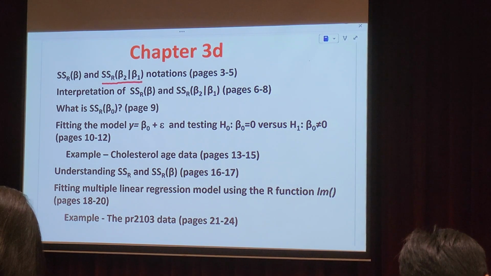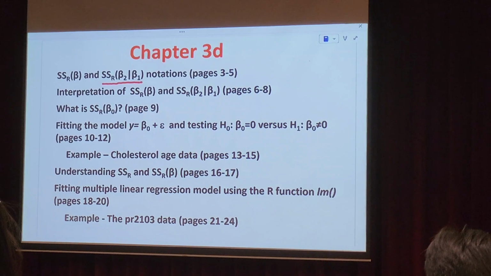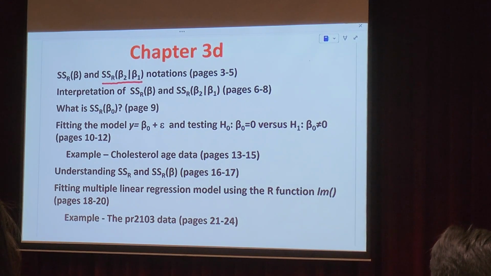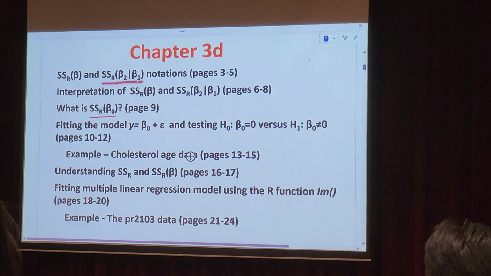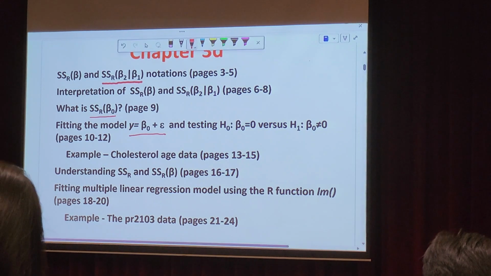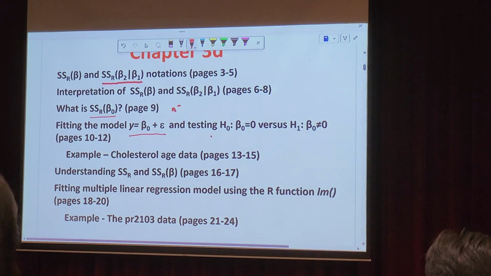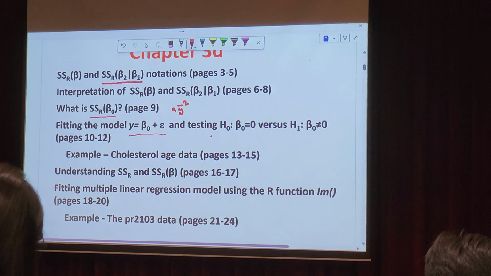And then what is SSR beta naught? When I say SSR beta naught, no matter what type of multiple linear regression model I show you, it means you put this model and you calculate the sum of squares of regression due to beta naught. And it's always n y bar squared, no matter what model you consider.